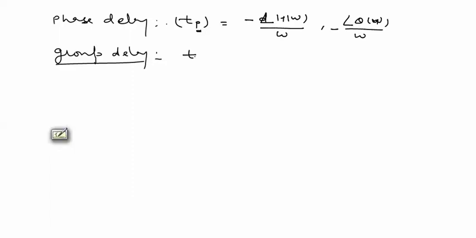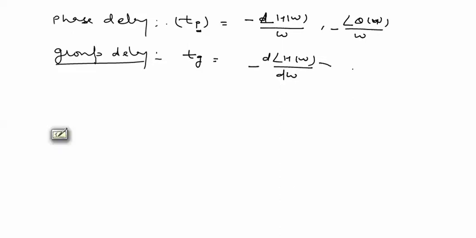And group delay, G for group, is the negative of the differentiation of the angle of H(omega) with respect to d omega. This represents the group delay.